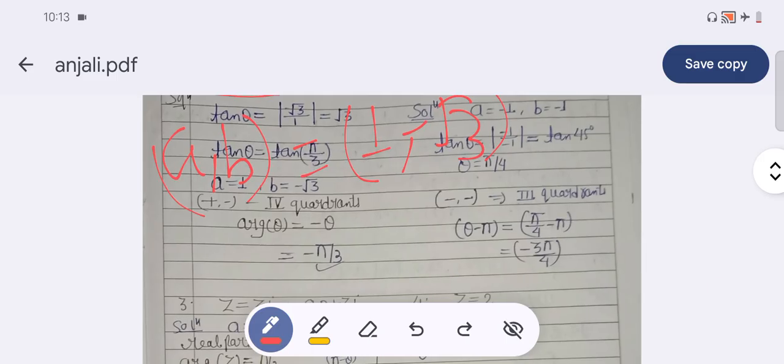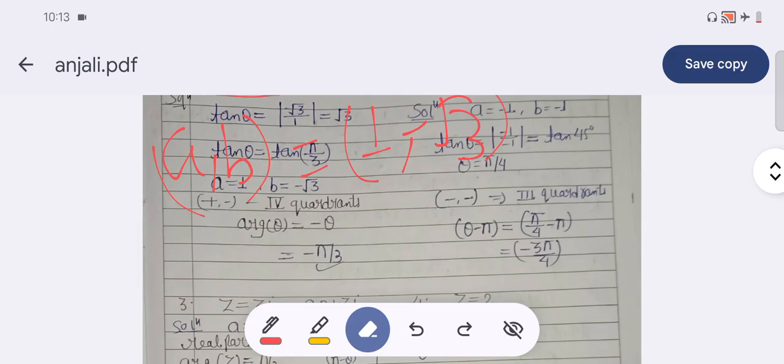This point lies in the fourth quadrant, because in the first quadrant the signs are always plus plus, in the second quadrant minus plus, in the third quadrant minus minus, and in the fourth quadrant plus minus. This is plus 1 and minus root 3, so it lies in the fourth quadrant.